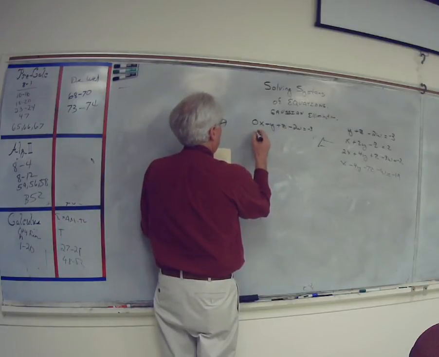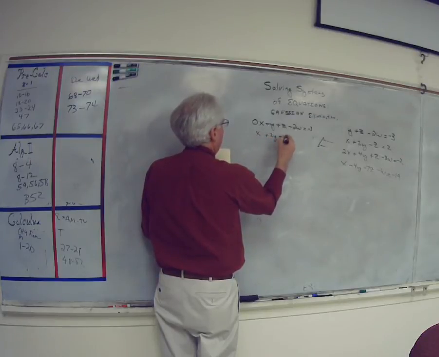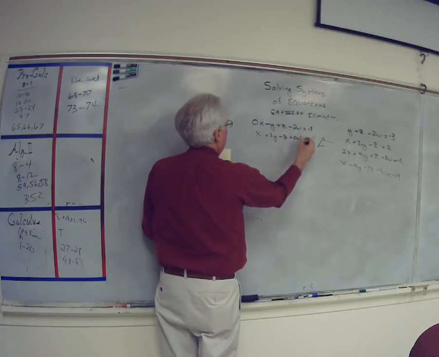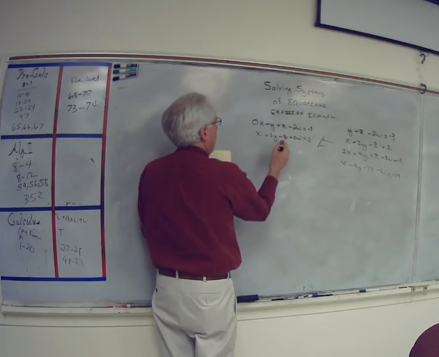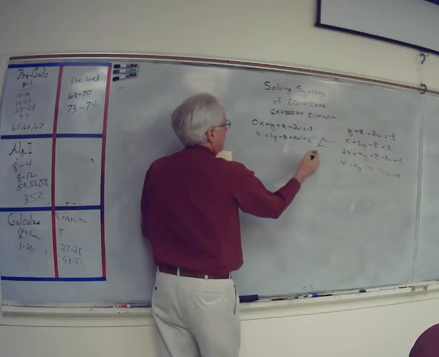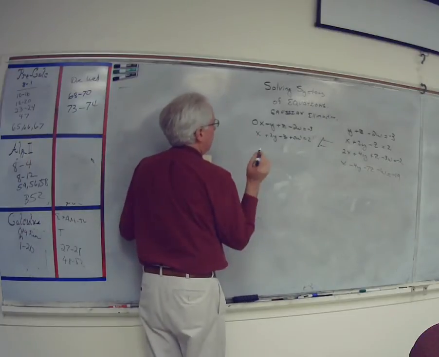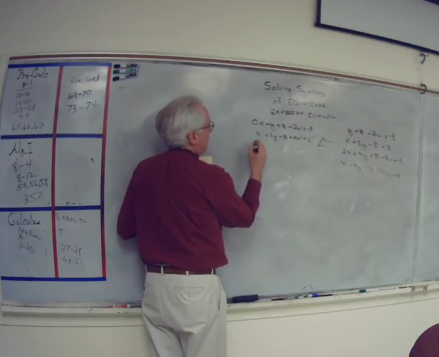So we'll have x plus 2y minus z plus 0w equals 2. Okay, so you're putting in those missing terms. Catherine, would you do the next one?